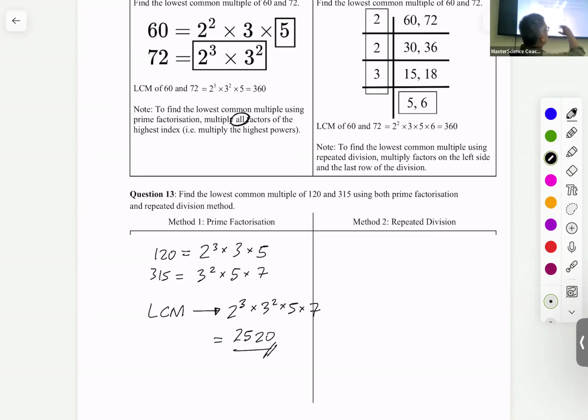Okay? Do me a favor, just copy this down. This is on the next page, the LCM page. So 120, you write 2 power 3.